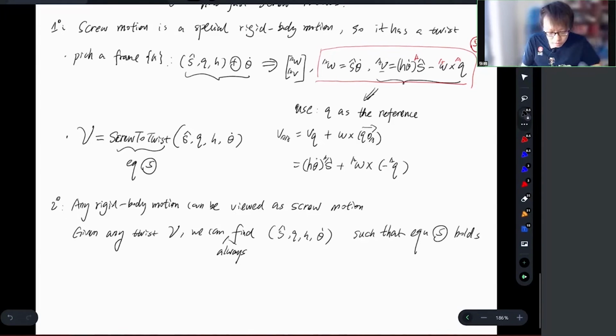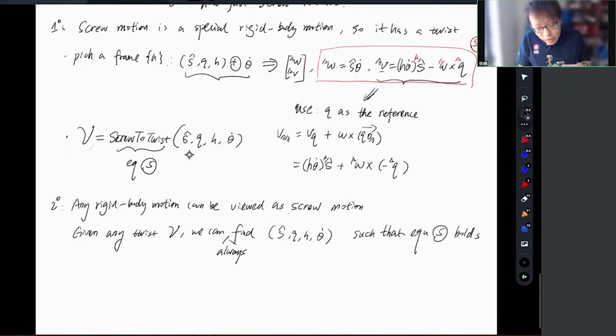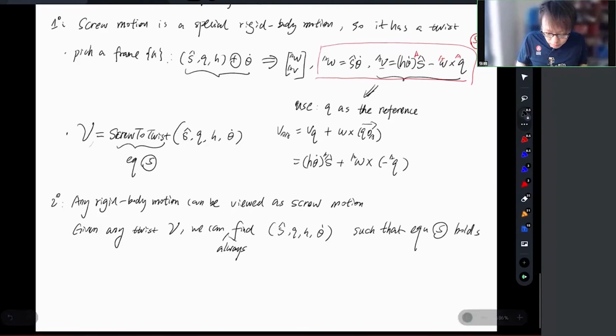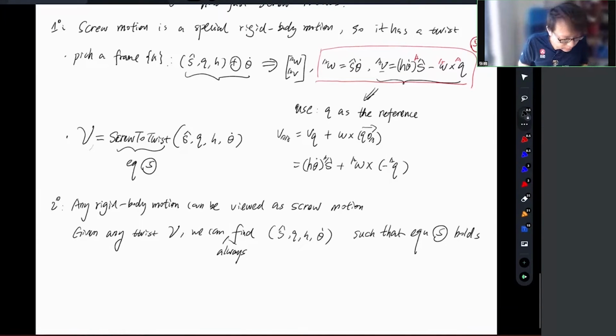In other words, this function has an inverse. It gives me the function value of the twist, and I can invert it to find S hat, Q, H, and theta dot. This formula I don't want to repeat. That's in the Modern Robotics textbook and in my lecture notes as well.